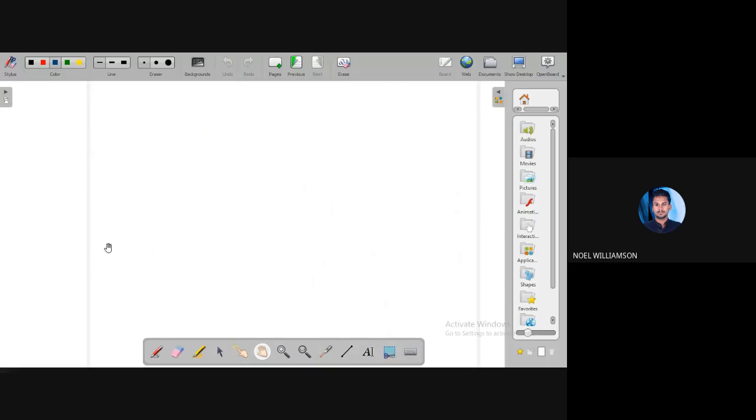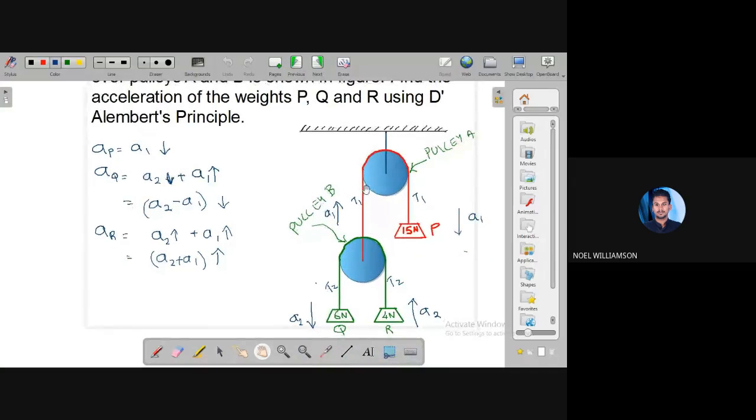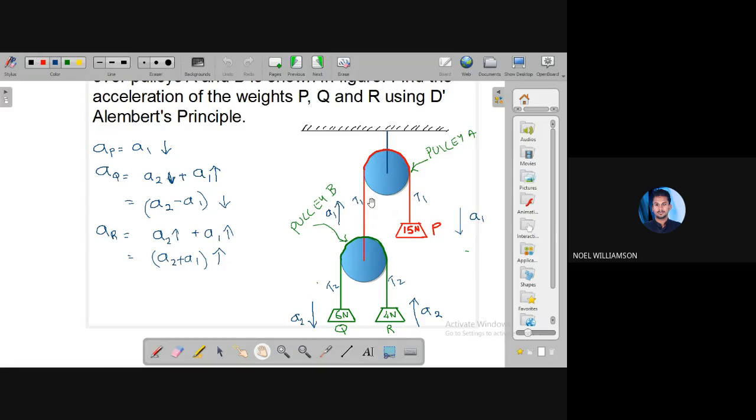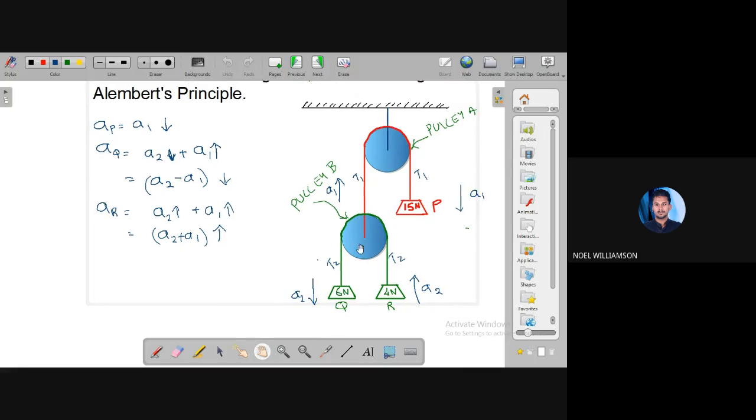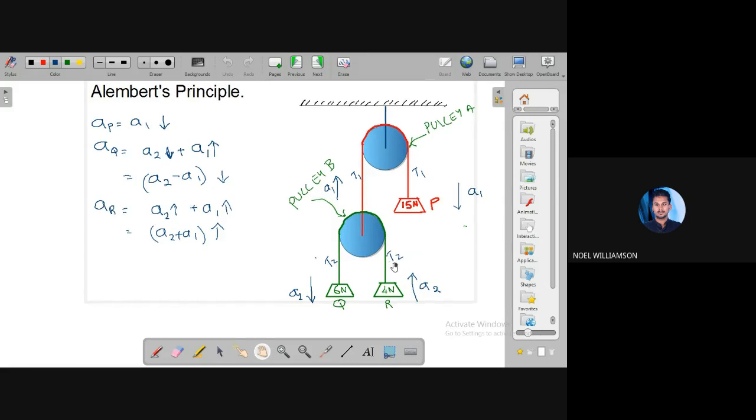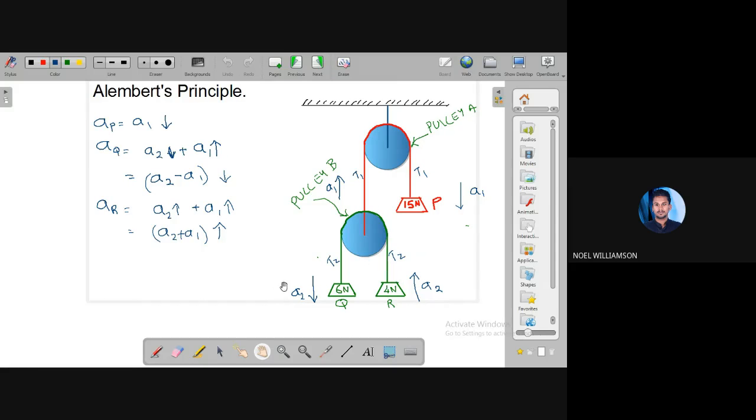First of all, we can consider one more thing. In pulley 1, we denoted everything by 1, that is tension T1 and A1 for acceleration, and for pulley B we denoted by 2, that is the tension T2 and acceleration A2. From here you can see the tension is T1 on one side and T2 on both sides of the other pulley, so we can get an idea of the value of T1.